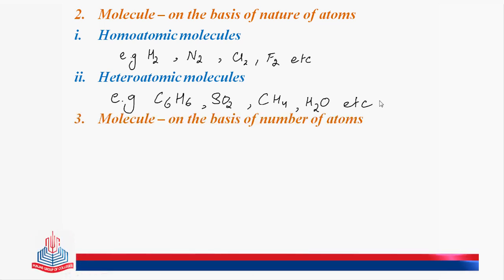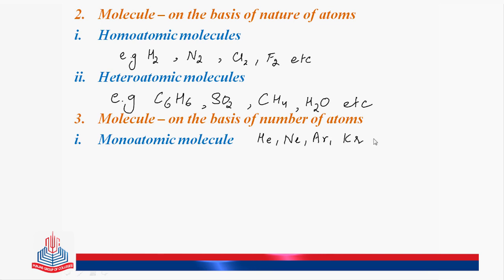Coming to the molecules on the basis of the number of atoms, a molecule consisting of one atom will be a monoatomic molecule. For example, the monoatomic gases, that is the noble gases such as helium, neon, argon, krypton, xenon, etc. These are the noble gases and they are monoatomic gases having only one atom.